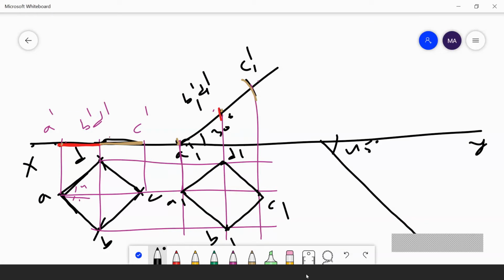Understand? After drawing this inclination, he is saying that the diagonal BD is inclined. Where is the BD here? BD is here. So what I am doing is, whatever diagram you have here, this total diagram we will project here.